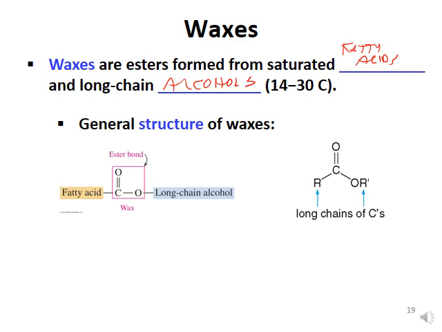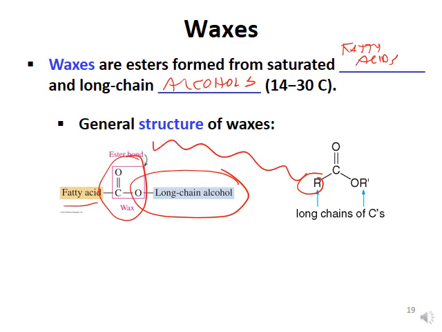The general structure of waxes is shown. You've got your fatty acid with your carbonyl polar head, but instead of having the C double bond OH carboxylic acid group at the end, you make an alkoxy group with a long chain alcohol on the other side. So both of the R groups here are very long. That's what a wax is.